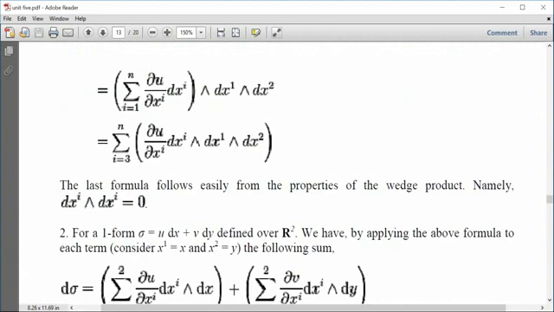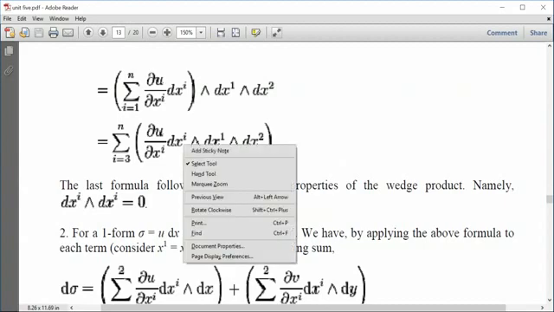Now, you can see I want to bring this item out. You can see that I have the x. How can I highlight it?